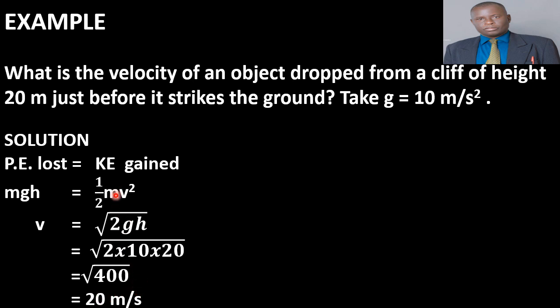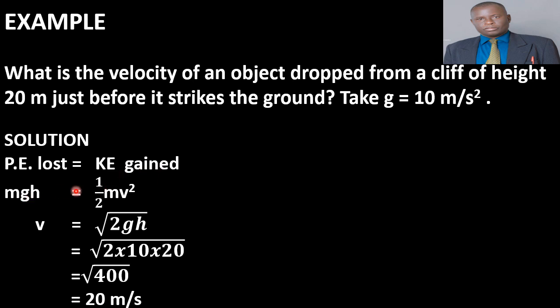Please master these steps. These steps are based primarily on the conversion of potential energy which the body has at a height of 20 meters to kinetic energy which the body gains. So we are saying energy lost by a body, not destroyed. This does not mean destroyed, it simply means changed. So energy lost by the body should be equal to energy gained by the same.